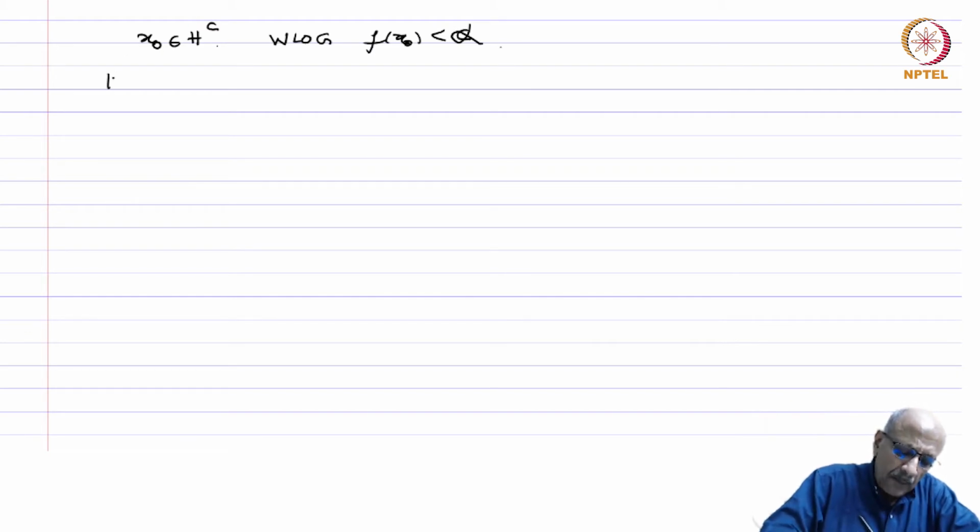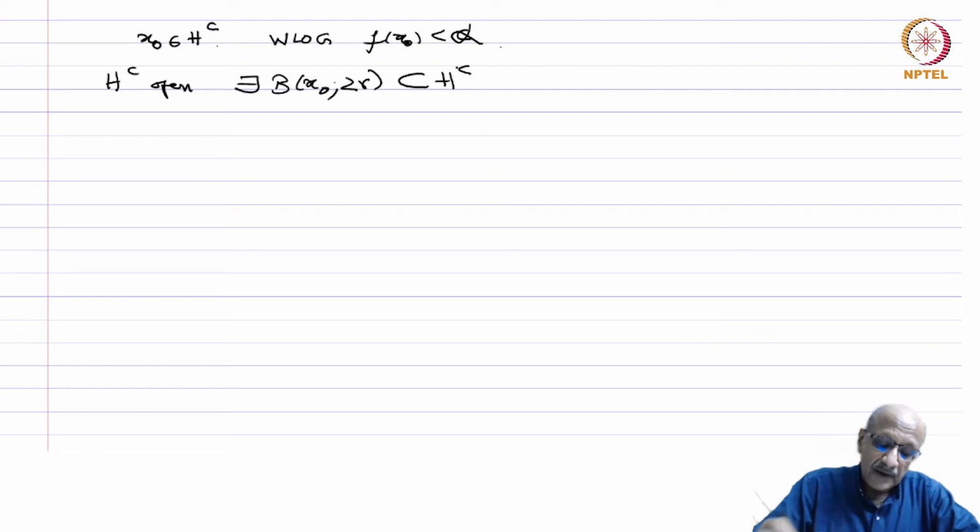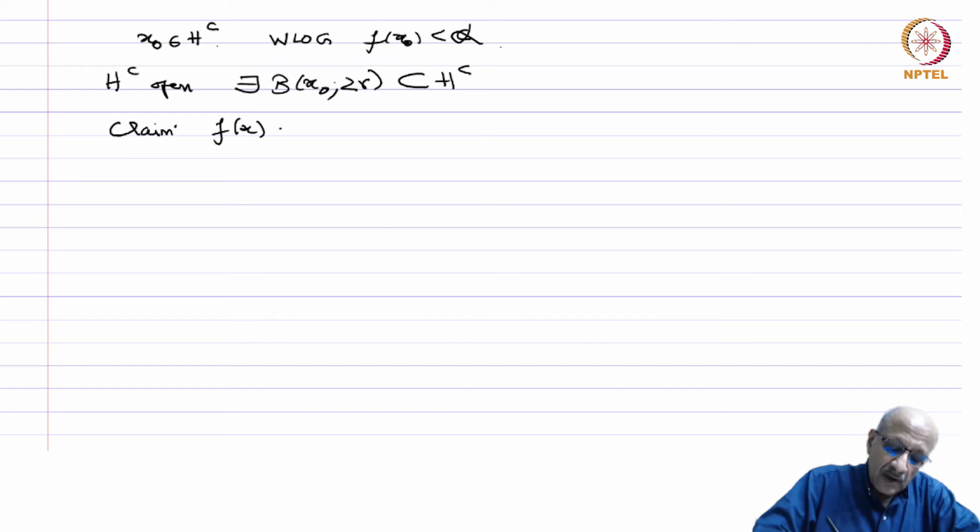Now H complement is open, so there exists a ball, center x naught and radius say 2r, which is completely contained in H complement. This is just the definition of openness. So we claim f of x is less than alpha for all x in the ball B(x naught, 2r).